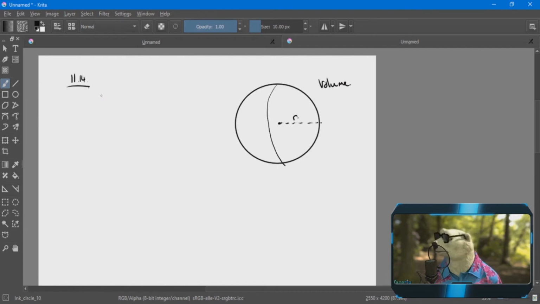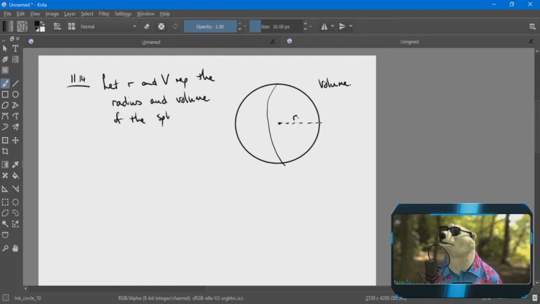Oh, first we need to define our variables. So let r and V represent the radius and volume of the sphere.